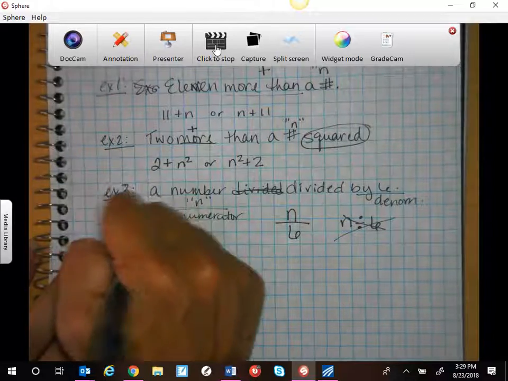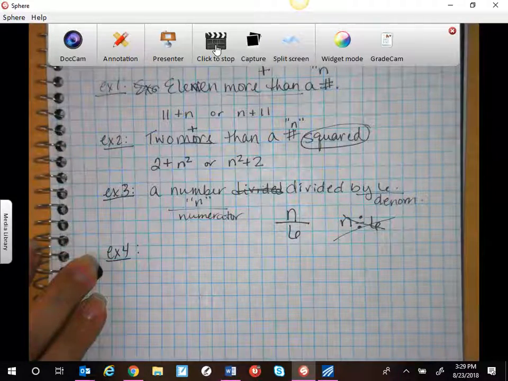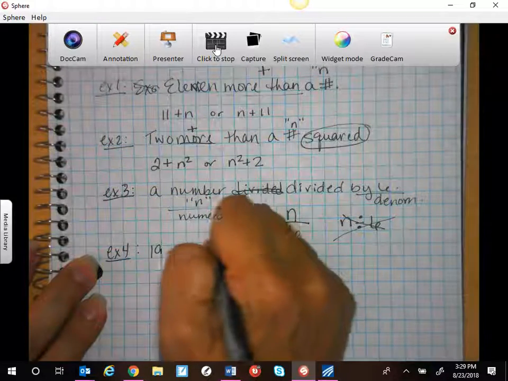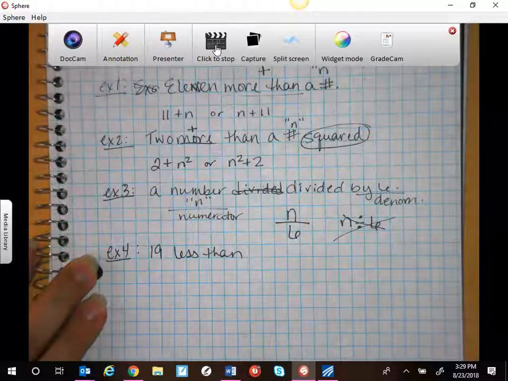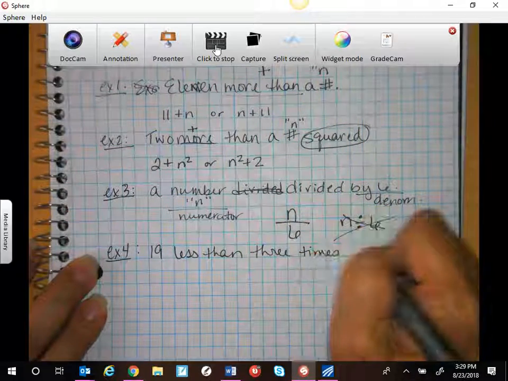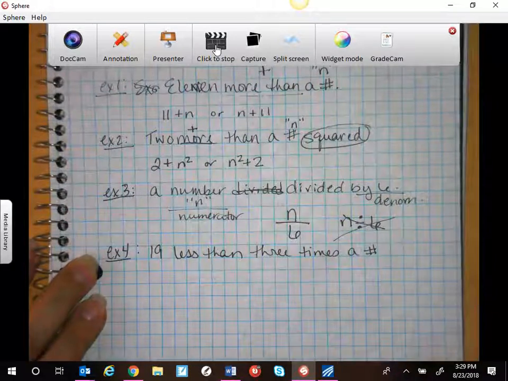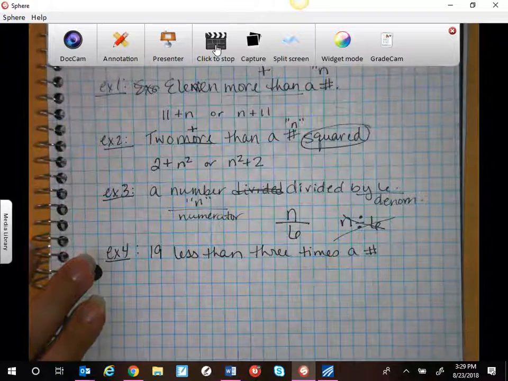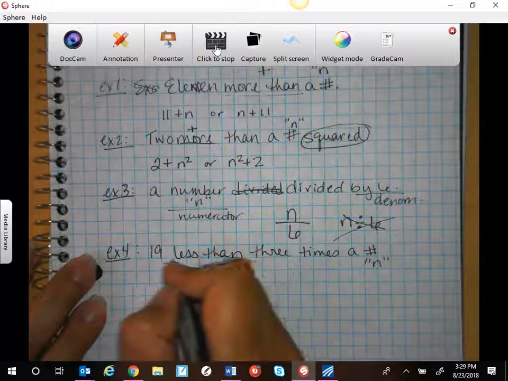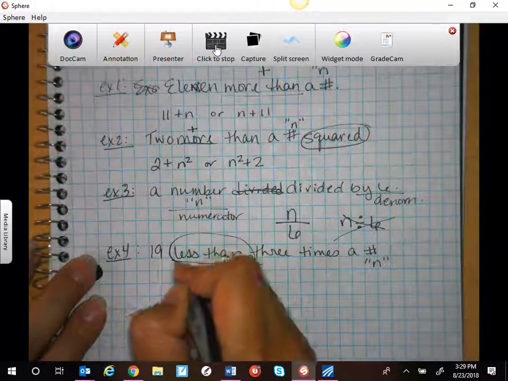The last example I have for you is 19 less than 3 times a number. There's our number there. I want you to be real careful with "less than."